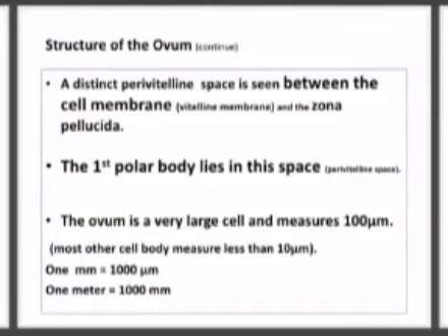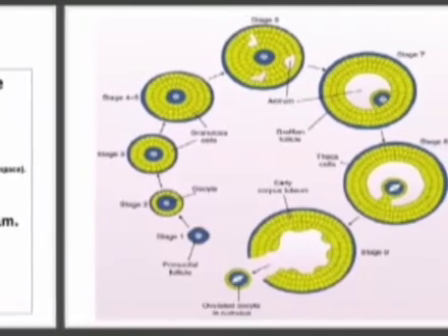The ovum is a very large cell and measures 100 micrometer. Most other cell bodies measure less than 10 micrometer. 1 millimeter is equal to 1000 micrometer and 1 meter is equal to 1000 millimeter.